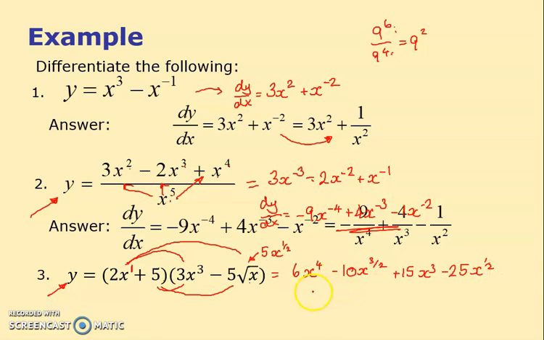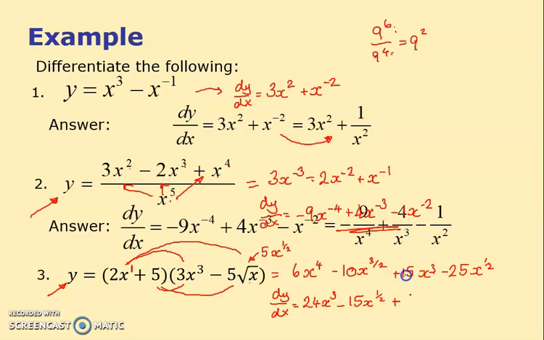And at this stage I can now find dy by dx. What's dy by dx equal to? 4 6s are 24. Notice I just times them together and knock off a power. Minus 3 over 2 times 10, this is like 1.5, so that's 15. If I've got 1.5 and knock off 1, that becomes a half. Do it on your calculator if you're not sure. Do 3 over 2 minus 1, and it'll give you a half.